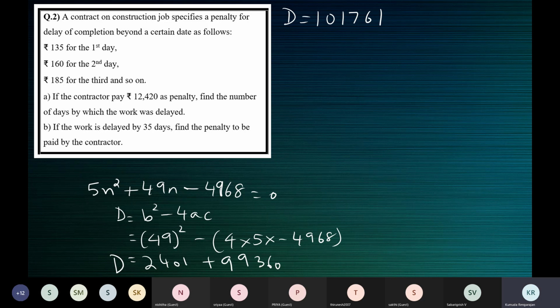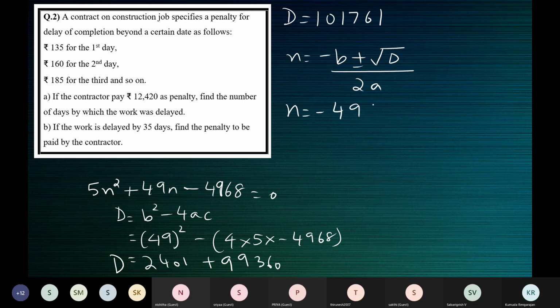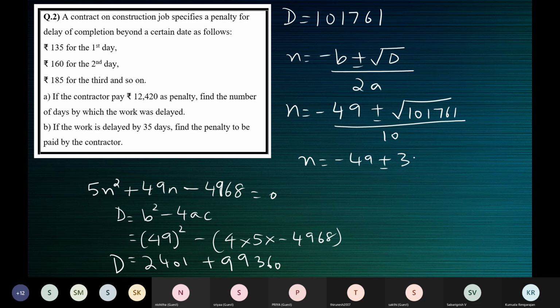Looks correct because it's a perfect square number. The negative value we will ignore.